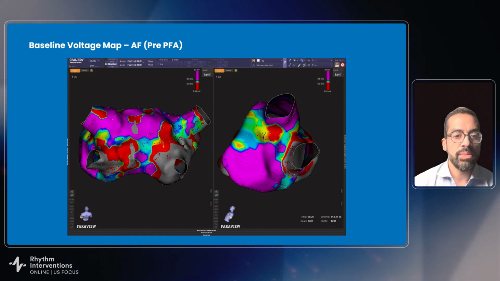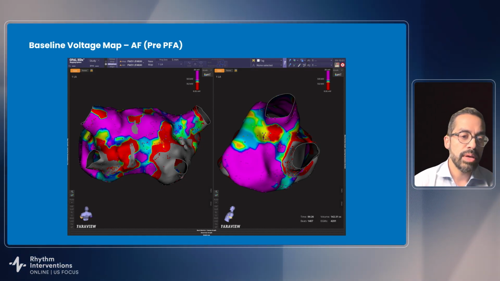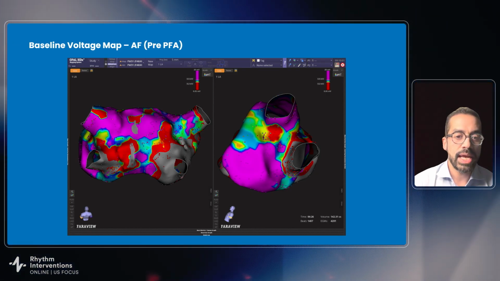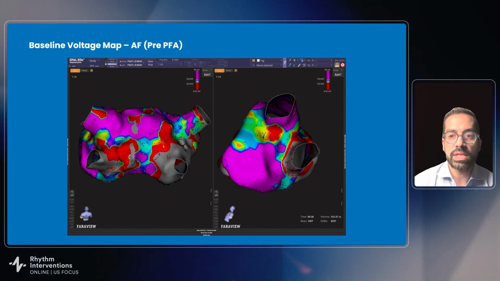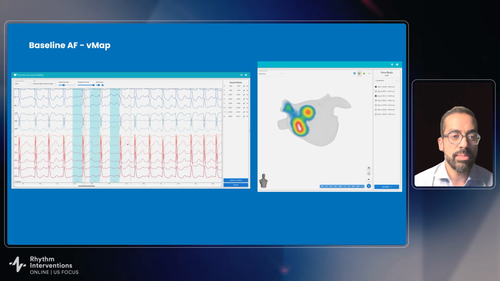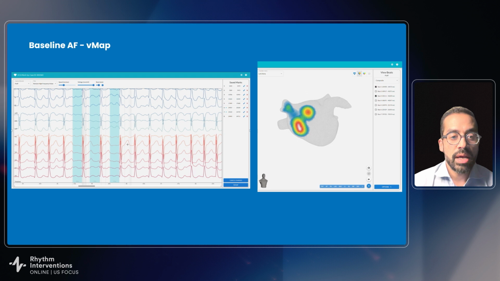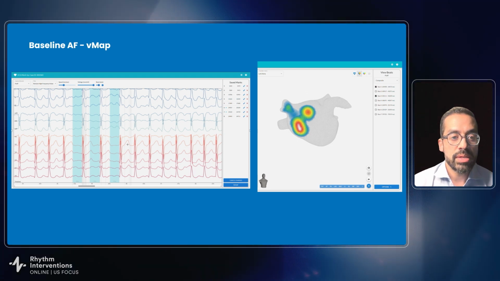So again, this is the PA view that we're looking at along with the left lateral view, and you can see that there's really not much to speak of on the left lateral side. So our voltage map is relatively consistent with the vector analysis. This is the analysis as Saumil described to us.